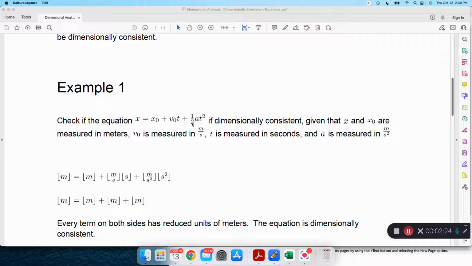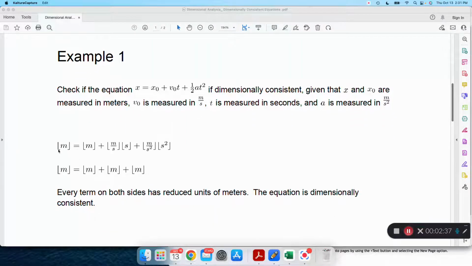Now the 1/2 doesn't carry any units with it. I'm not worried about that. I'm not plugging in numbers. I'm plugging in my units to see if all four of these terms will end up with the same units. So I plug everything in. The x's were both meters. That V naught meters per second. A was meters per second squared.